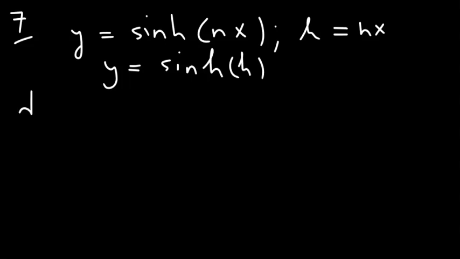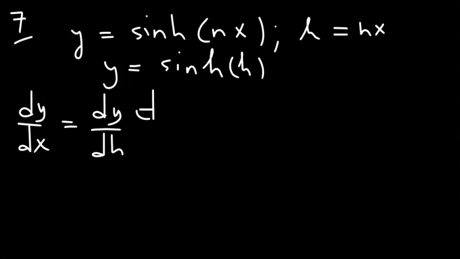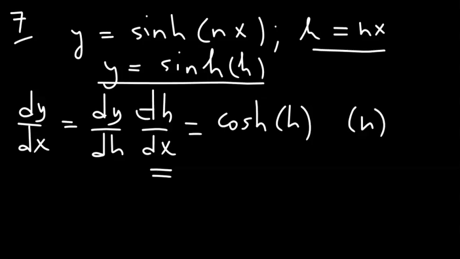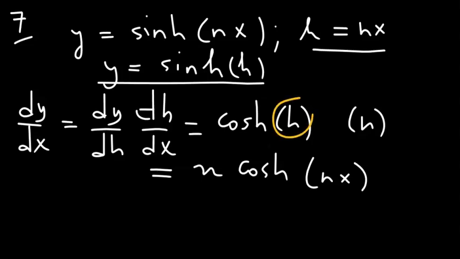So that means your dy/dx is dy/dh times dh/dx. Now dy/dh from here is hyperbolic cosine of h. dh/dx from here is just the constant n. So putting everything together, you get constant n times hyperbolic cosine of nx, putting back h in terms of x here, and that's the final answer.